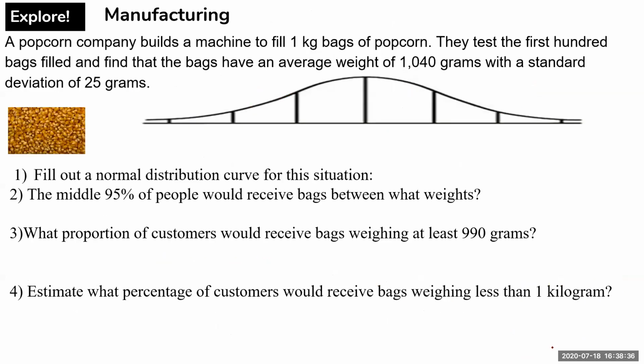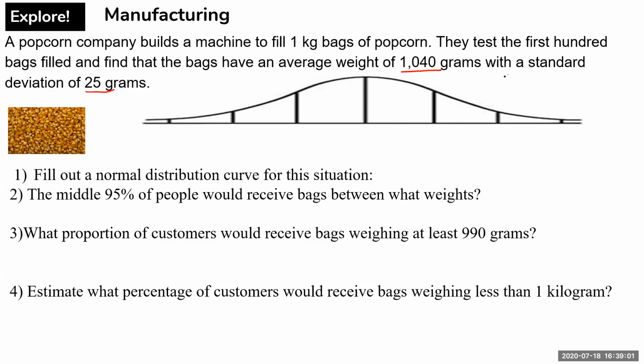Nice. So here we look at this example that talks about a popcorn company that builds a machine to fill 1 kilogram bags of popcorn. They test the first 100 bags filled and find that the bags have an average weight of 1040 grams and a standard deviation of 25 grams.